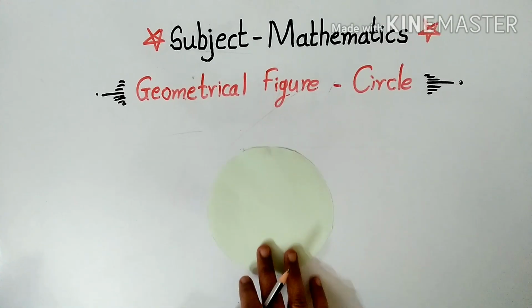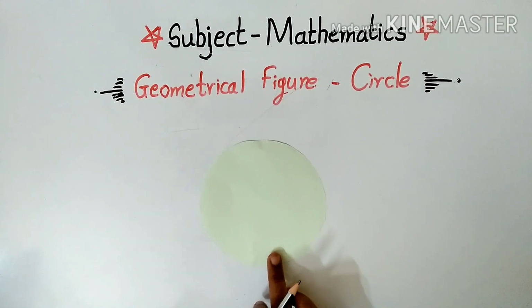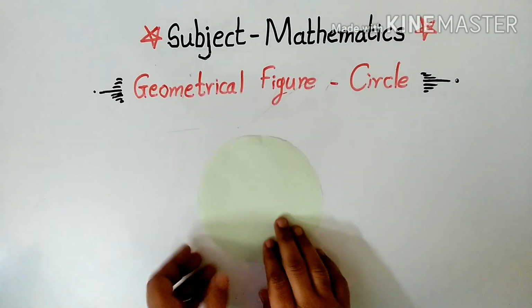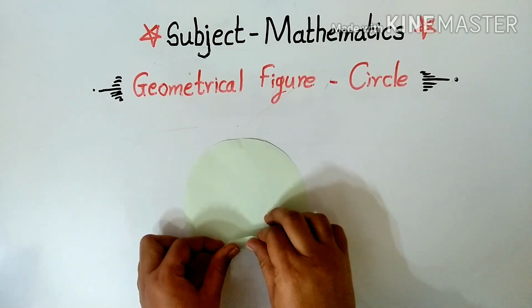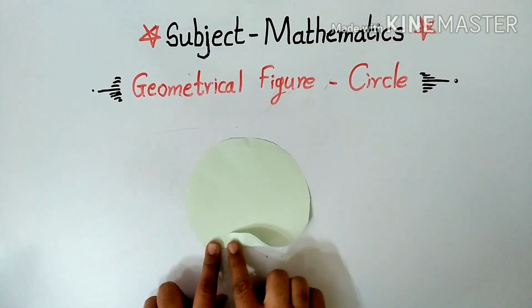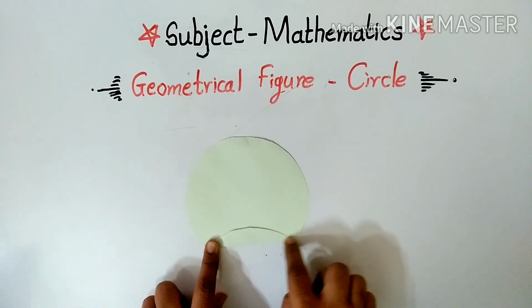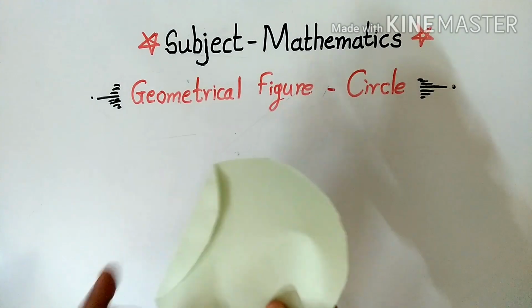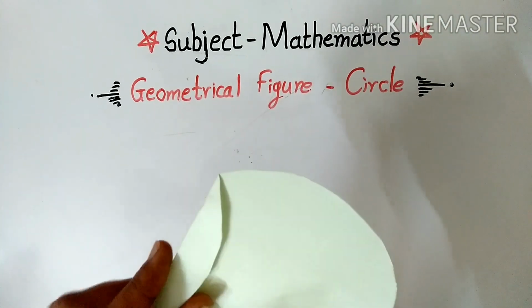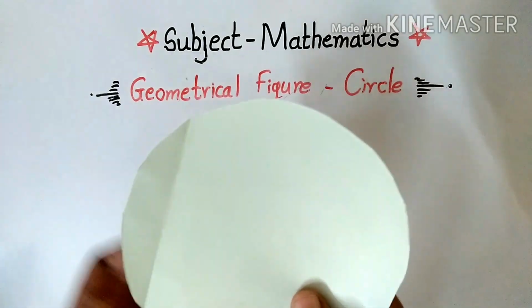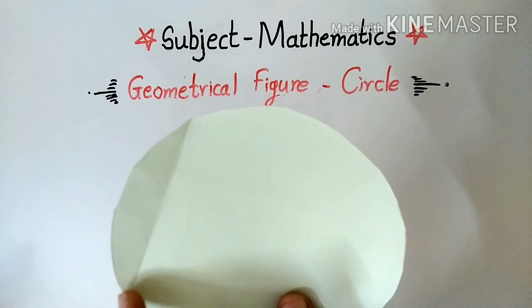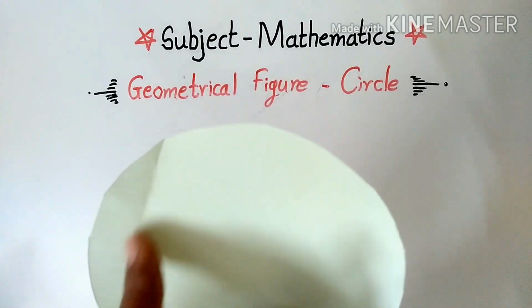Now, I have taken this circular shape of paper. Now, I will fold it at one side of the circle. Look here. After folding this paper, I open it again. You can see there is a fold of the paper.